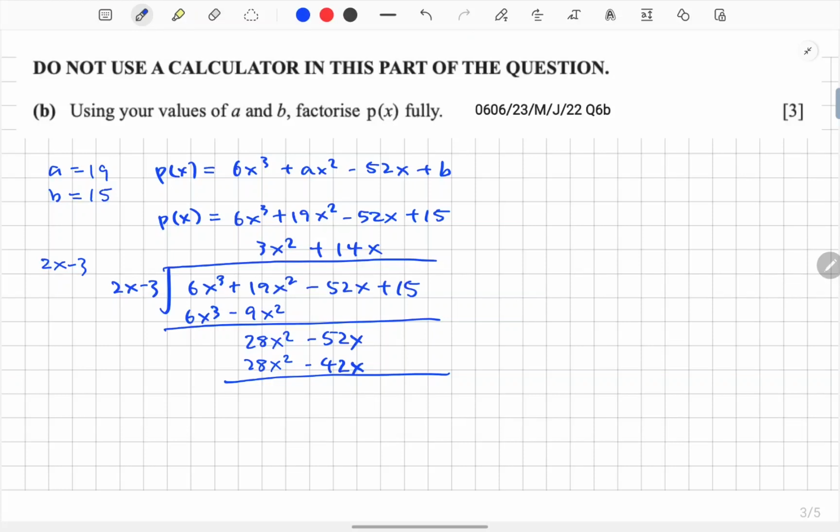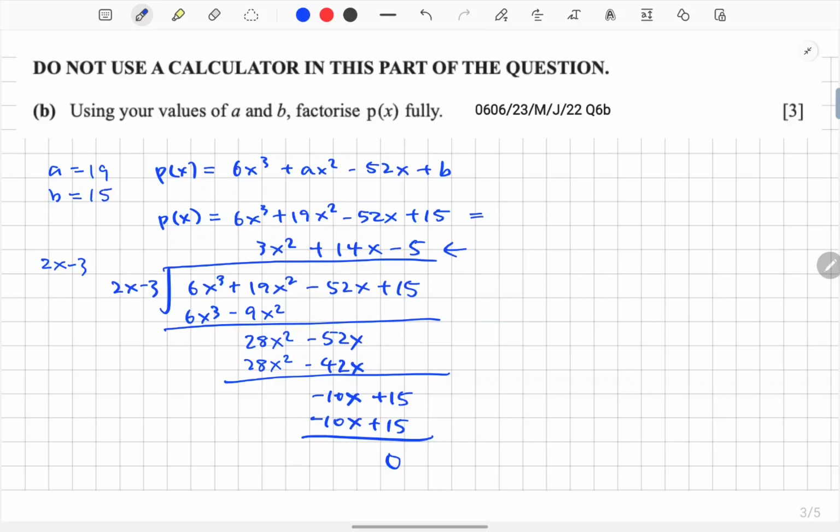Now negative 52 minus negative 42 is negative 10x. So our constant term will be negative 5. So their product is negative 10x. Right here is our second part of the polynomial.